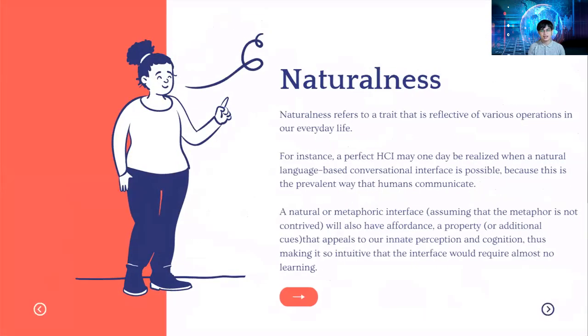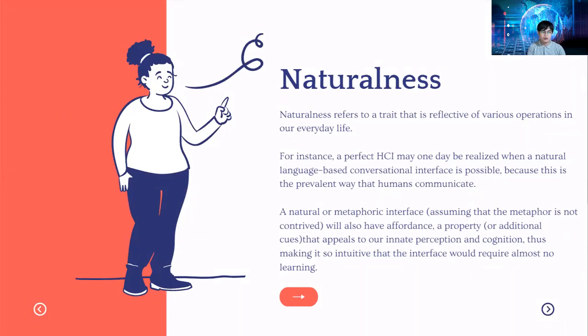And next and last principle of human-computer interaction is naturalness. Naturalness refers to a trait that is reflective of various operations in our everyday life. So for instance, a perfect HCI may one day be realized when a natural language-based conversational interface is possible, because this is the prevalent way that humans communicate.